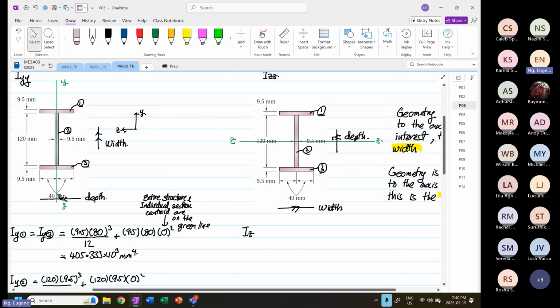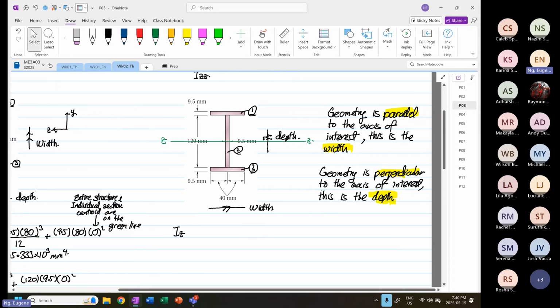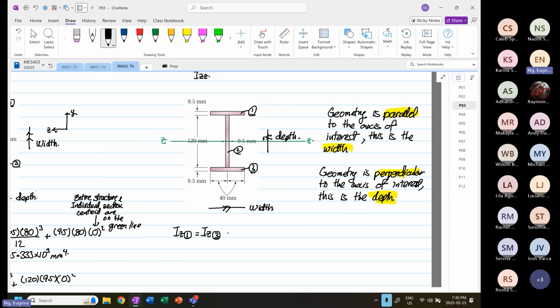IZ1 is equal to IZ3, right? So our width will be 80. Our depth is 9.5. 80 multiplied by 9.5 to the power 3 divided by 12.